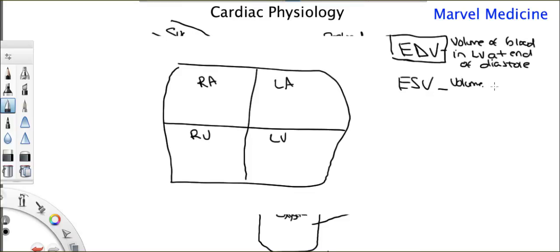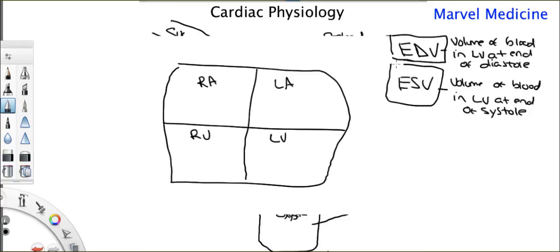Volume of blood in the left ventricle at end of systole, right? So what happened? My ventricle filled with blood, it contracted, sent out some blood, and whatever blood is left over is my end-systolic volume. Now, the thing here, I think, a lot of students learning physiology for the first time, the amount of volume or blood that's in the left ventricle, not all of it will be sent out into the aorta, okay? All right.